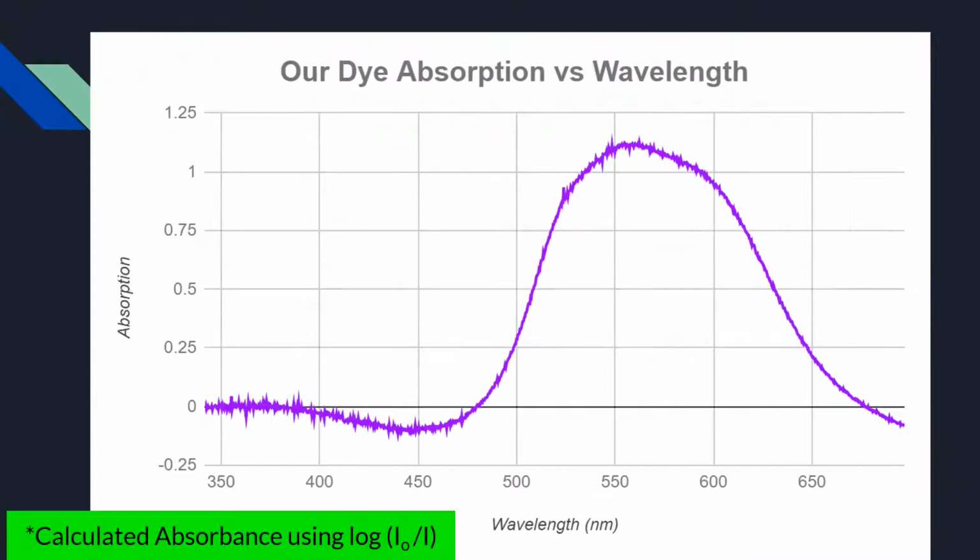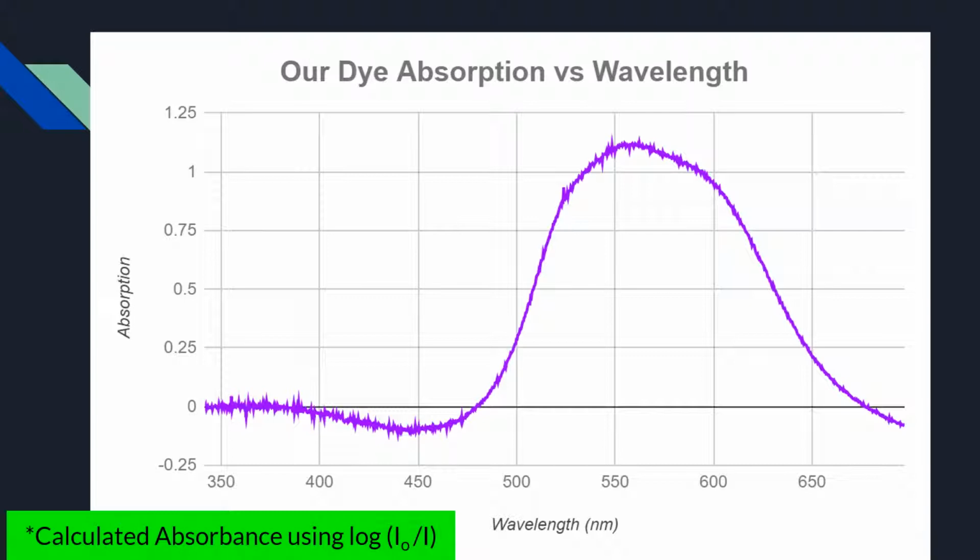The other way that we did this, and actually the initial way, is we calculated it using the equivalent that absorbance is the log of I naught over I, with I naught being the original intensity, the water in the cuvette, and I being the intensity of our purple dye solution.